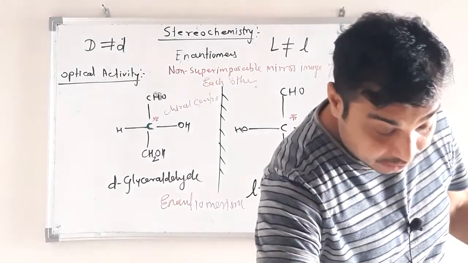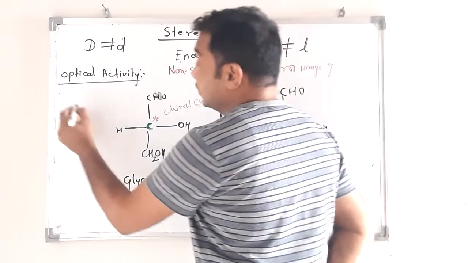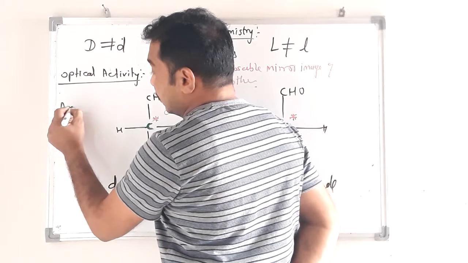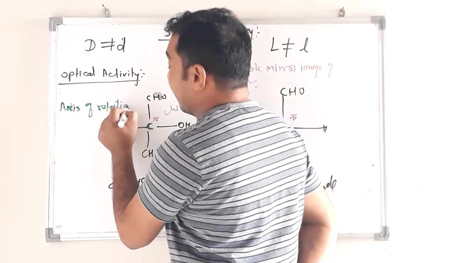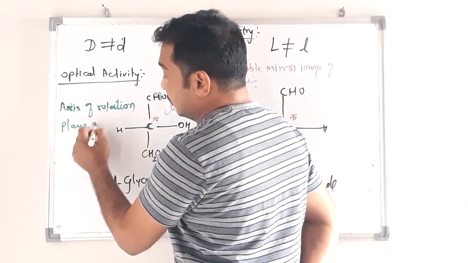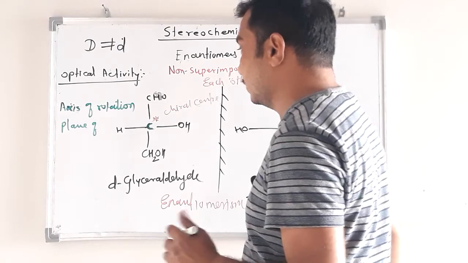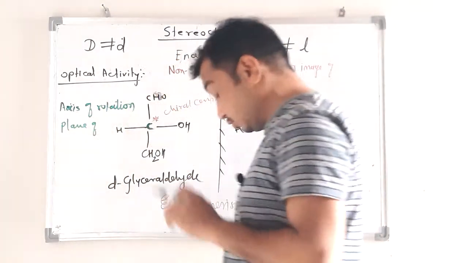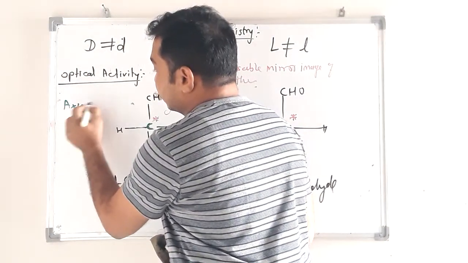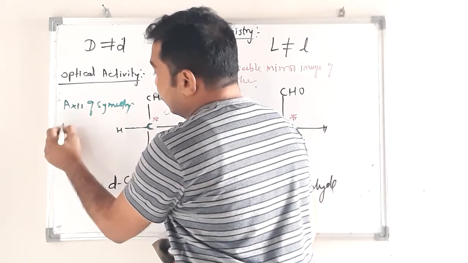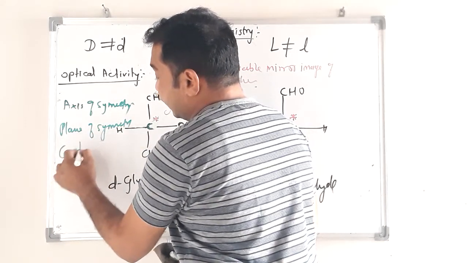Which symmetric operations? Axis of symmetry, plane of symmetry, and center of symmetry.